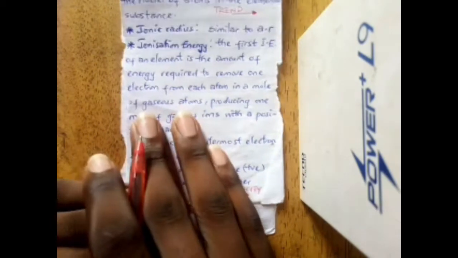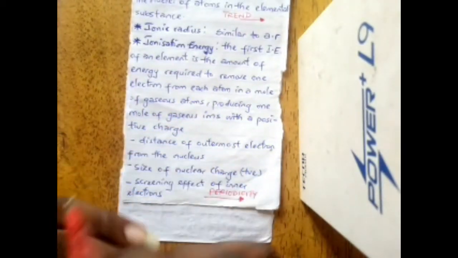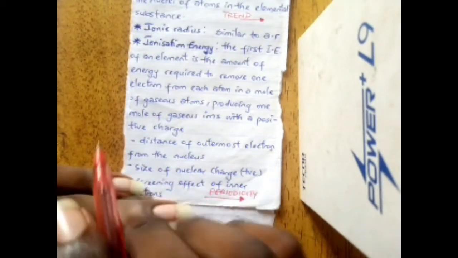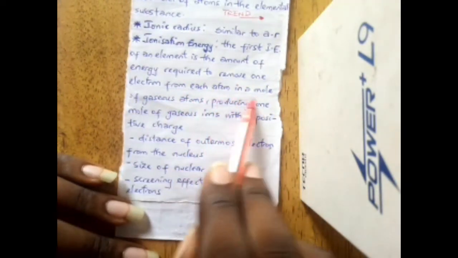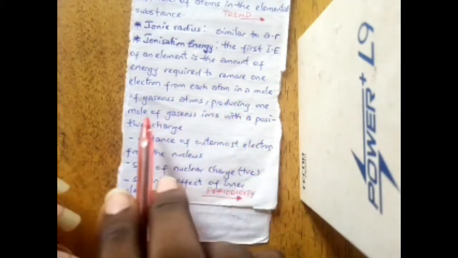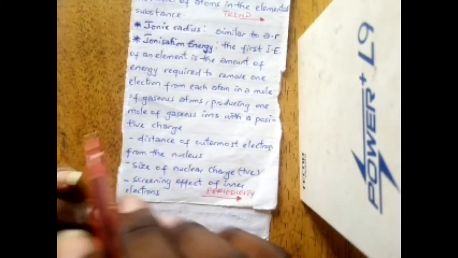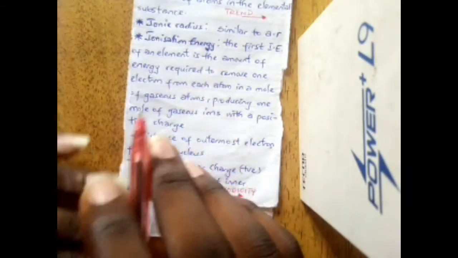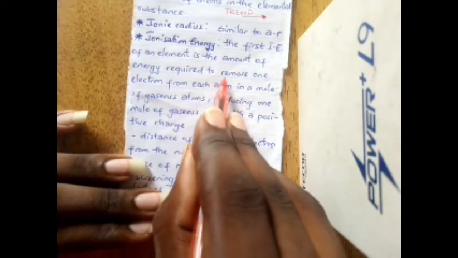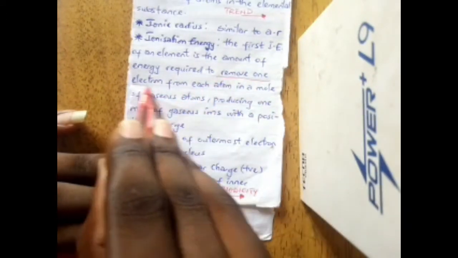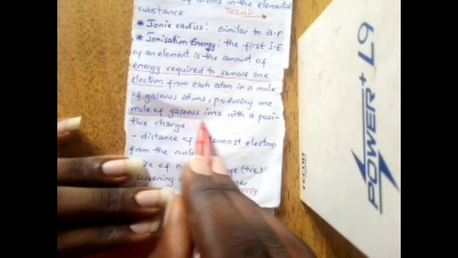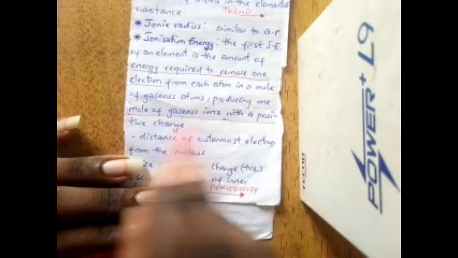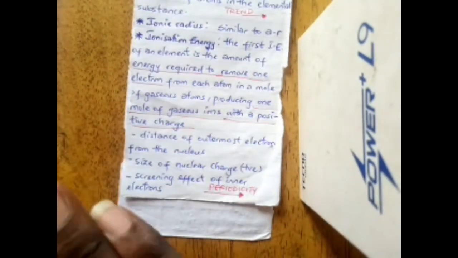I'll move to ionization energy. Ionization energy is simply the amount of energy required to remove 1 electron from each atom in a mole of gas, producing 1 mole of gaseous ions. You can read this out. The key point here is the energy required to remove an electron from each atom in a mole to produce 1 mole of gaseous ions with a positive charge.